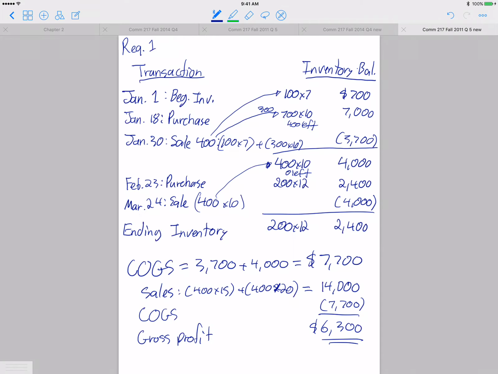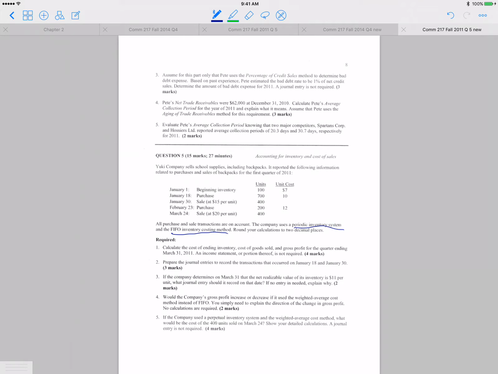So that will be the steps for requirement 1. Now we'll go to requirement 2. It states, prepare the journal entries to record the transactions that occurred on January 18th and January 30th.